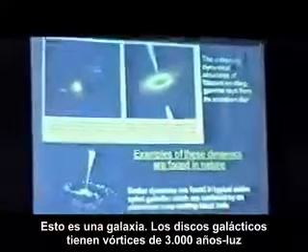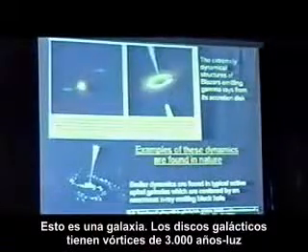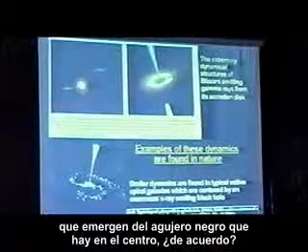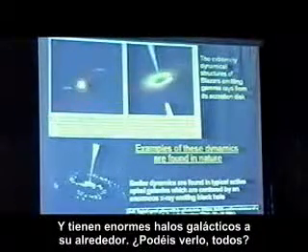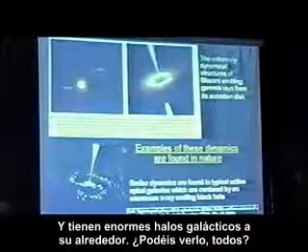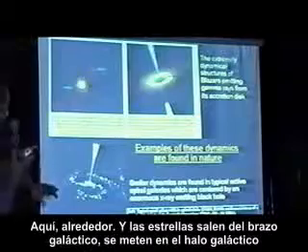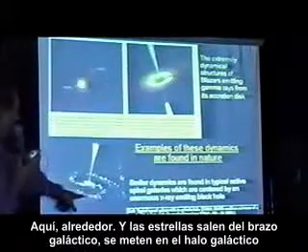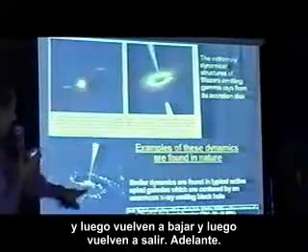Galactic disks have 3,000 light year vortices that emerge from the black hole at the middle. And they have huge galactic halos all around it. Can everybody see this? The stars move out from the galactic arm into the galactic halo and then back down and then back out.